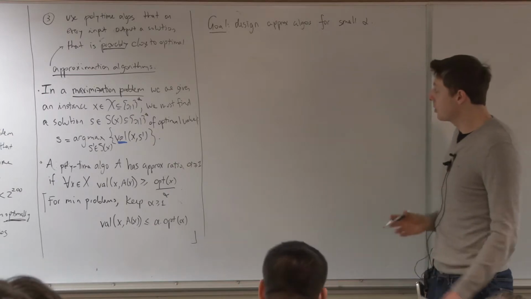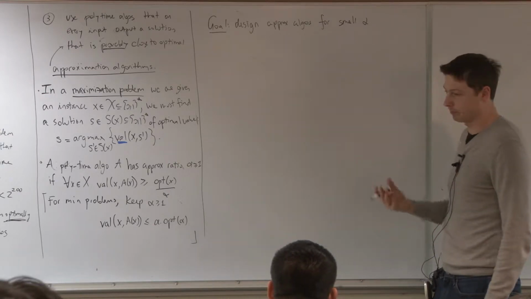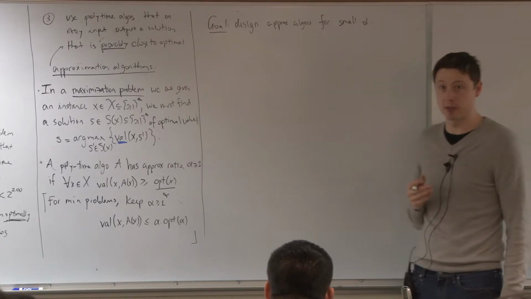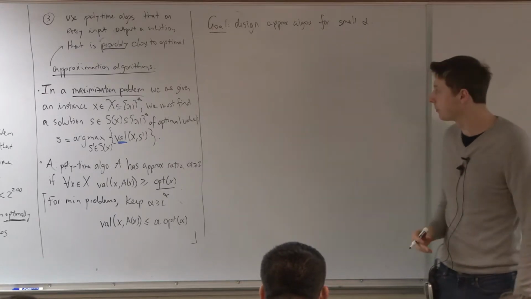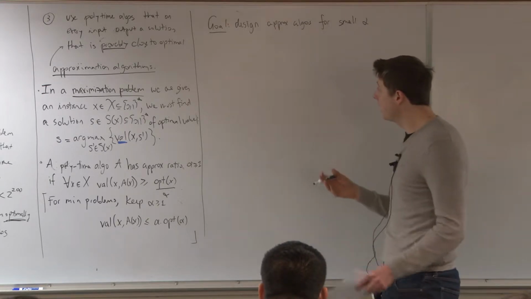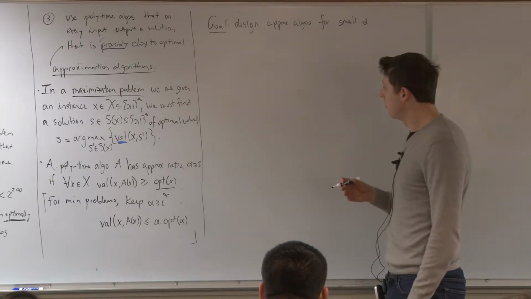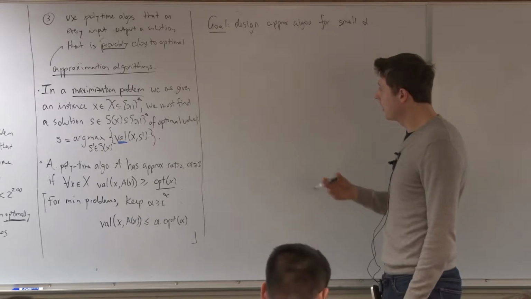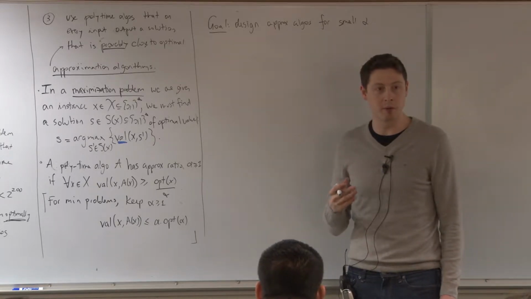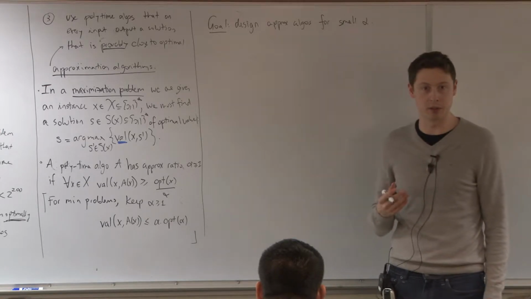This direction is actually not that recent. People started thinking about approximation algorithms already in the 70s. And over time, it became clear that different optimization problems behave rather differently under approximation.